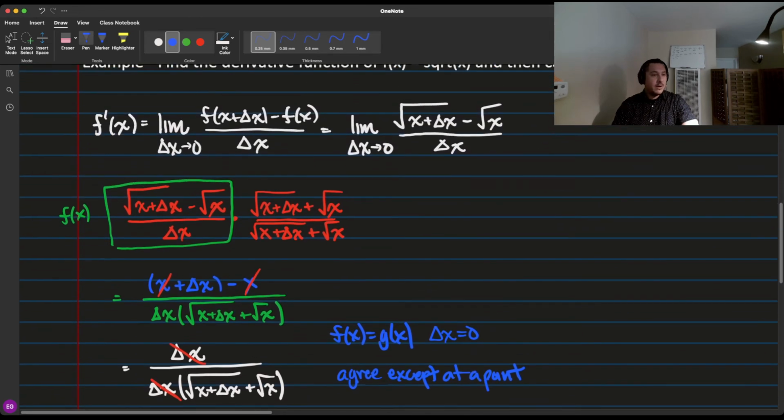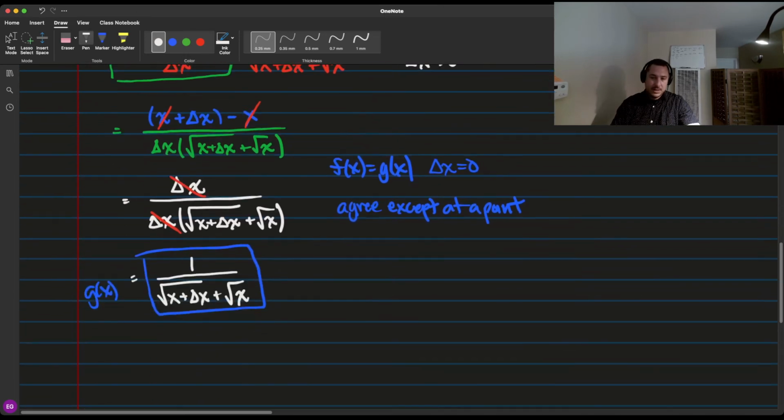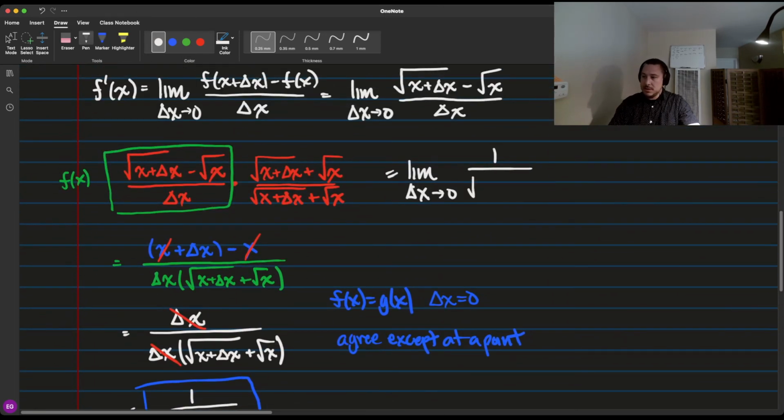Which is why our original limit problem can now be solved by instead calculating the limit as delta x goes to 0 of 1 over, and what we got down there was square root of x plus delta x plus square root of x.